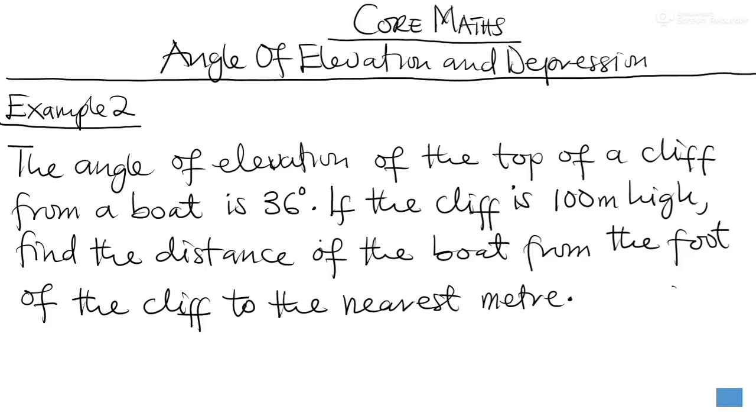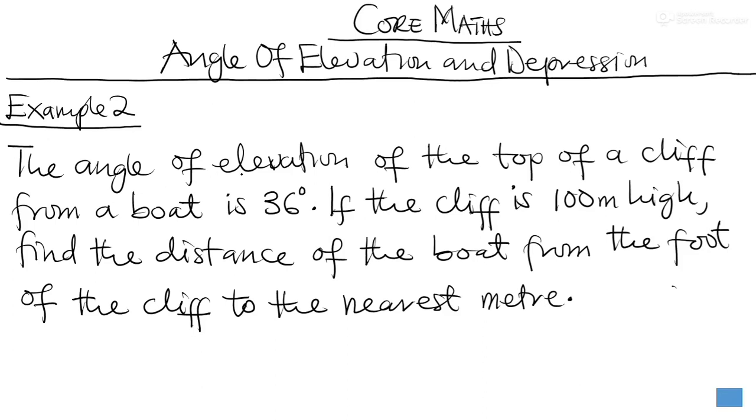So as we did in example 1, you read the question to understand, you visualize it, and then you draw a diagram. So to enable us draw the diagram, we have to use the definition of angle of elevation to get the point of observation and the object.